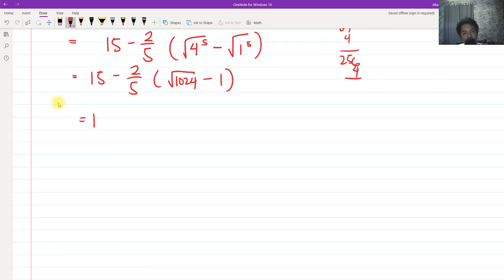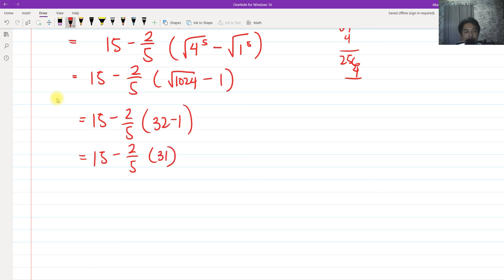So we have 15 minus 2 all over 5. The square root of 1024 is 32, so 32 minus 1 is 31. So we have 15 minus 31 times 2, which is 62, all over 5.